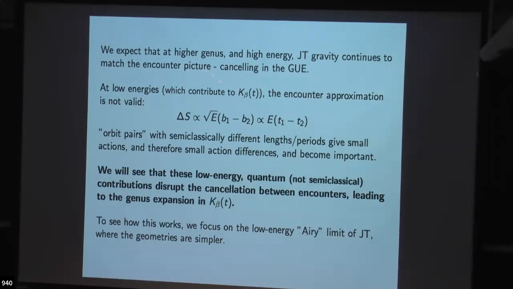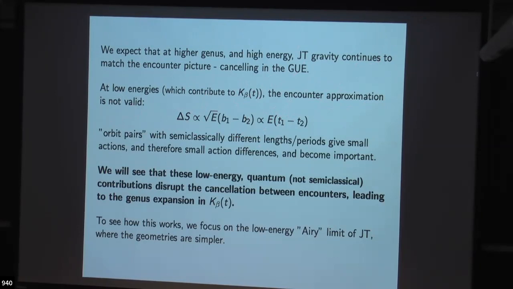But at low energies, so remember that K beta includes the sum over energies weighted by the Boltzmann factor. That includes a sum where the energies are small. The encounter approximation becomes invalid. That's because the action difference between the two orbits is proportional to E times the difference in the periods. So if the energy is very small, then the difference in periods can be large.